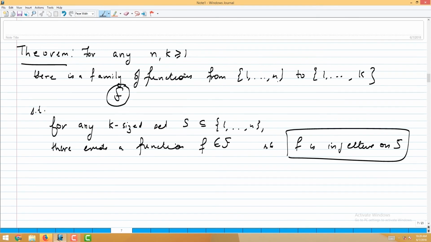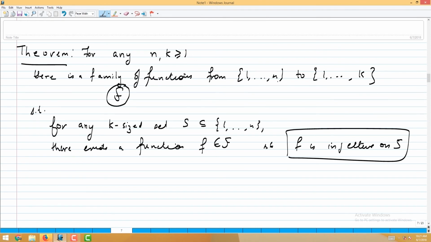So can you always find such a family of functions? You want to have one function for every set S of size k in this family, which is injective. The size of the set is exactly k. See, we just said for any set there is always a function. Suppose I take all the functions from 1 to n to 1 to k.